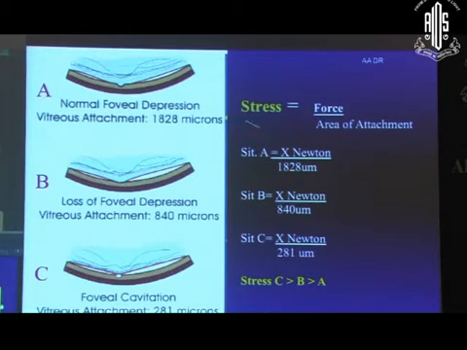Now, if the force remains the same, but the area of attachment reduces, the stress increases, which is very simple. You go to the next stage where the force remains the same, the area of attachment further reduces, the stress increases. Therefore, if you have a broad-based attachment to the macular surface, the stress upon the retinal surface is less.